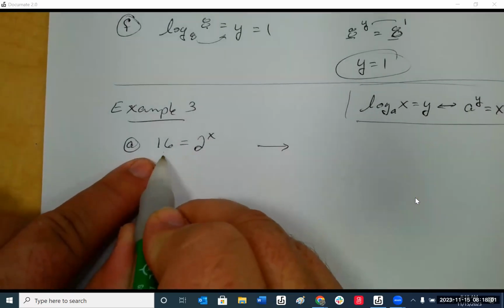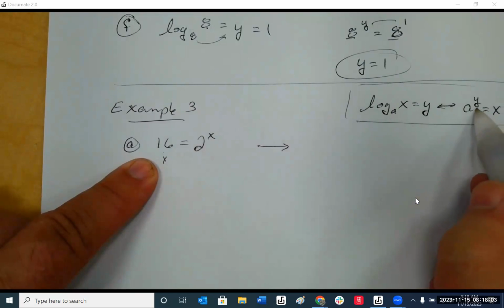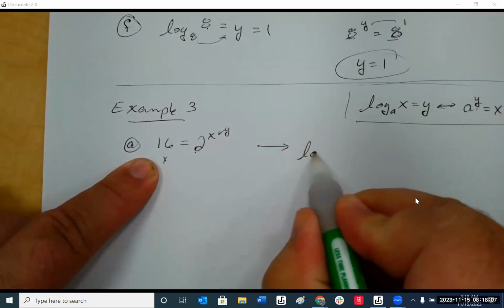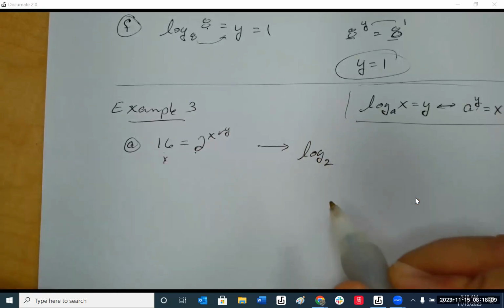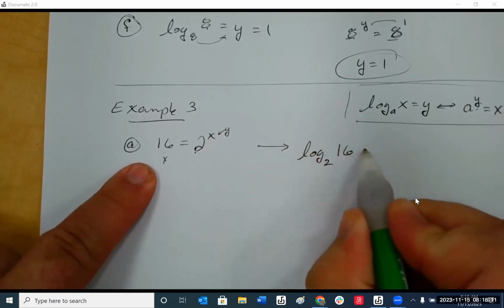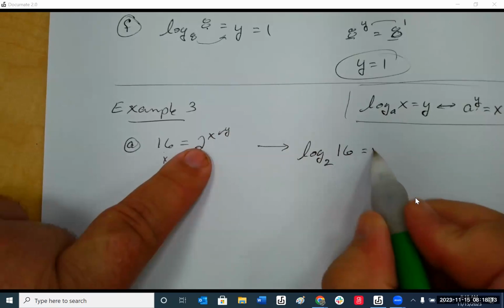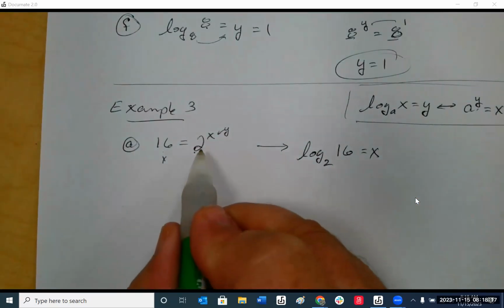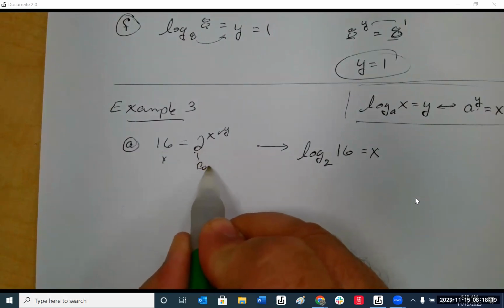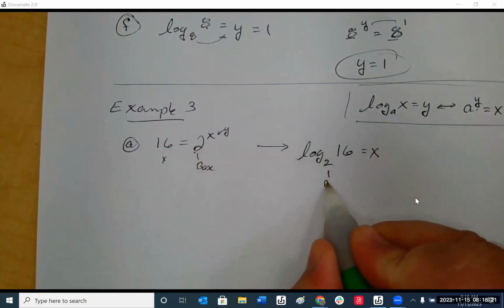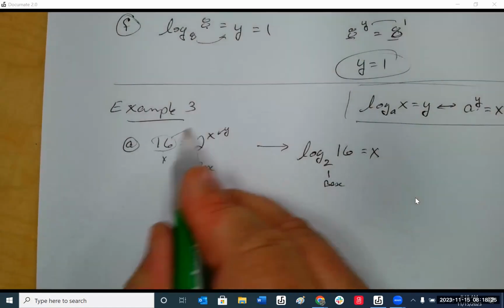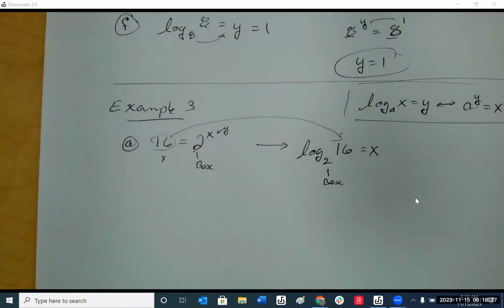So that is your x, this is your y, and that's your base. So it's log base 2 of 16 equals x. That's the conversion. The base stays the base, and the answer becomes the part of the question.